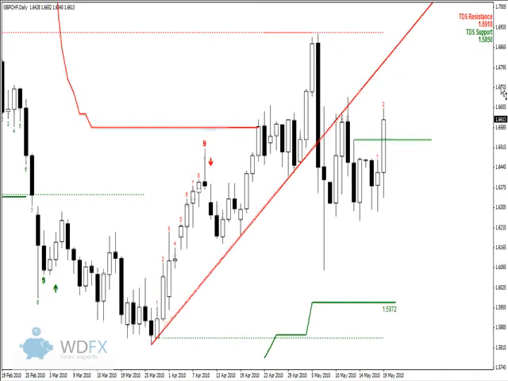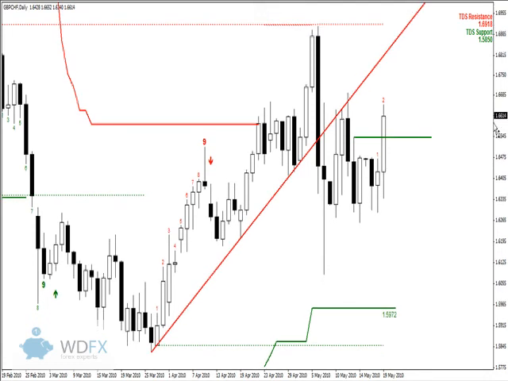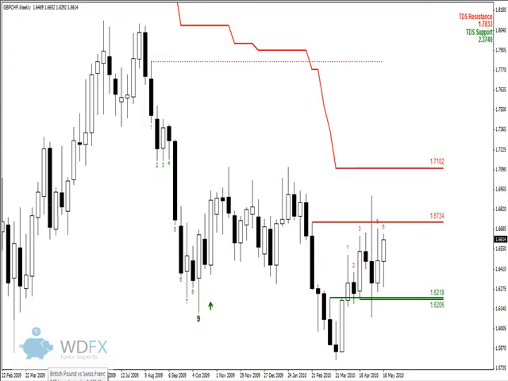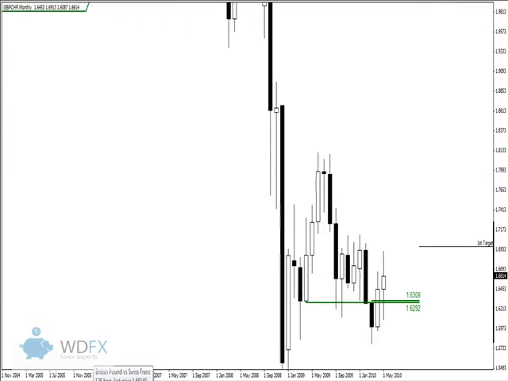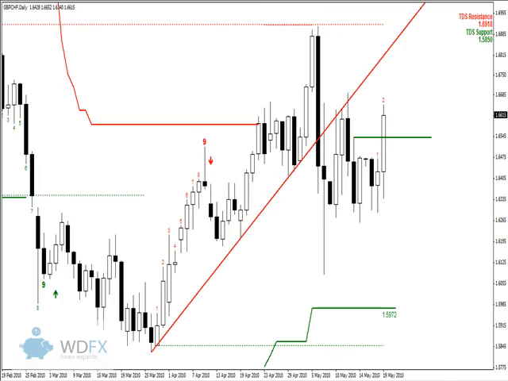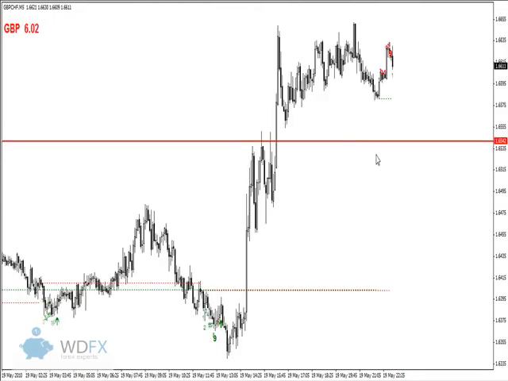I don't know if I would really fancy this one actually, just because of the whole kind of action that we've had recently, and it just doesn't look as clear as a lot of pairs are looking. So it probably would be worth watching this one on a 5 minute chart and see if we can't have some sort of signal to buy at some point.